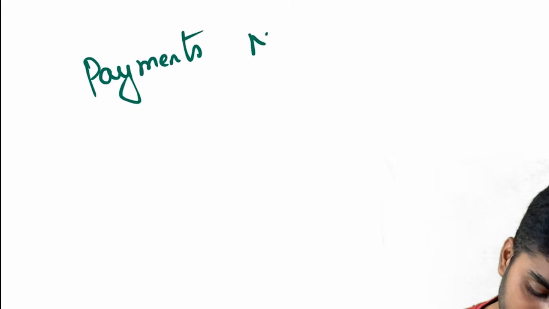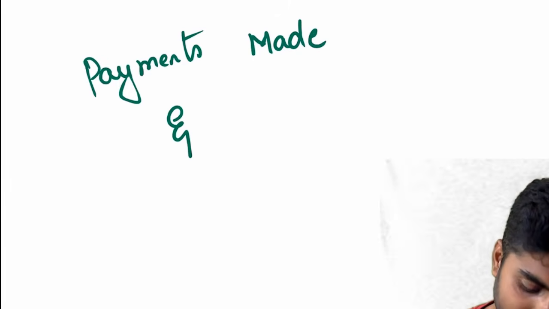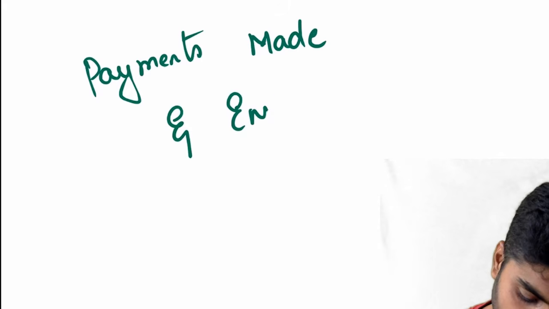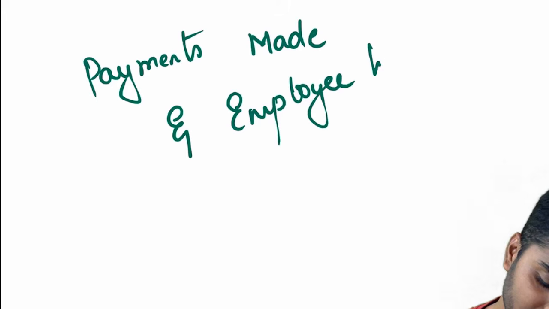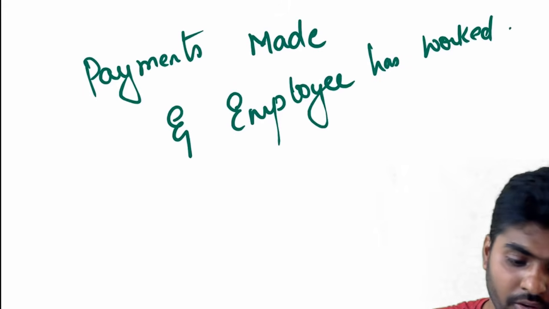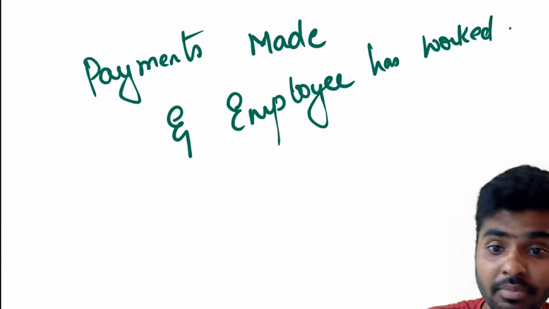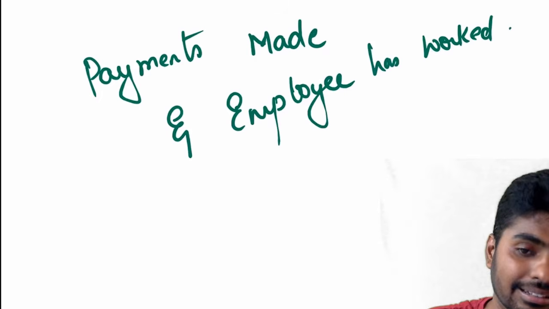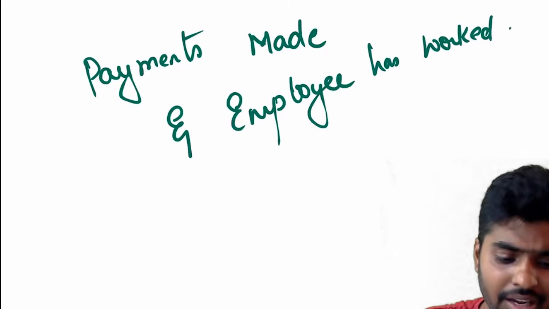Idle time is the difference between the payment made and when the employee has worked. This can be because of management issues, or it can be because of issues like machine breakdown. Certain times can be avoidable, unavoidable.